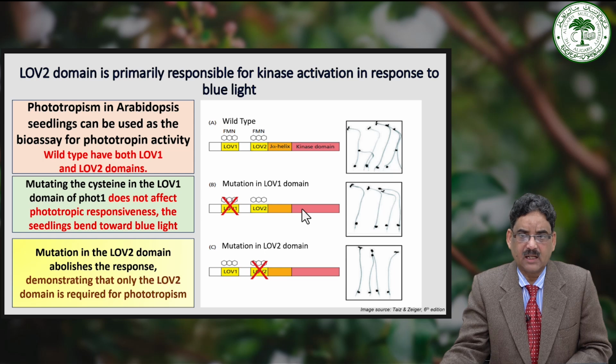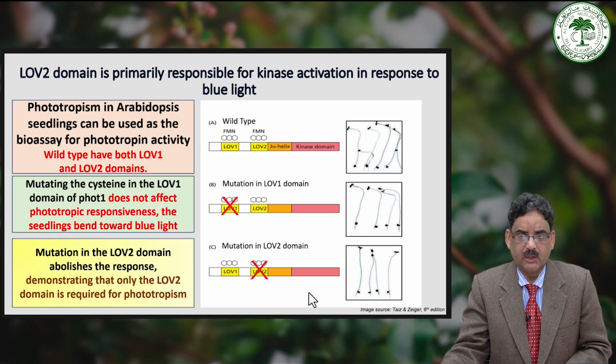Mutating the conserved cysteine in the LOV1 domain of PHOT1 does not affect phototropic responsiveness, whereas the equivalent mutation in LOV2 abolishes the response. Therefore, it suggests that LOV2 is key in controlling phototropin function.